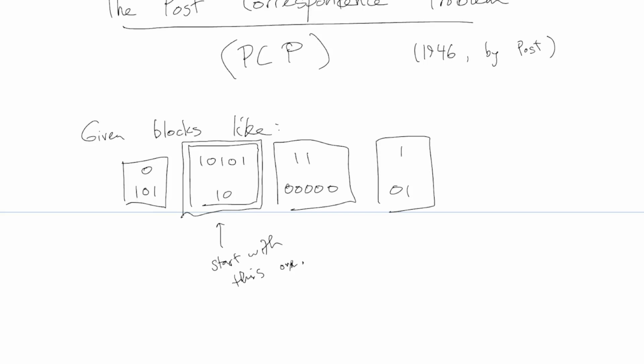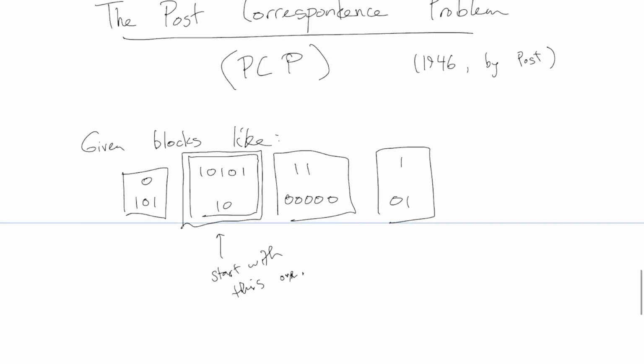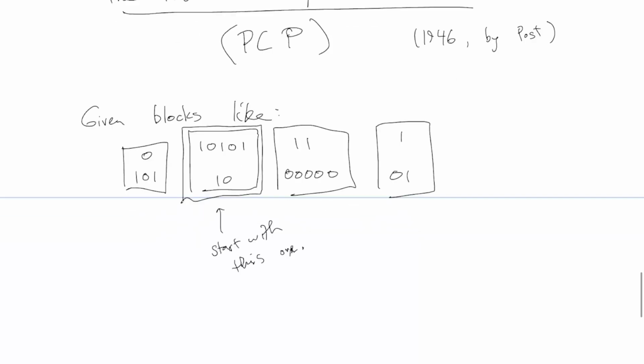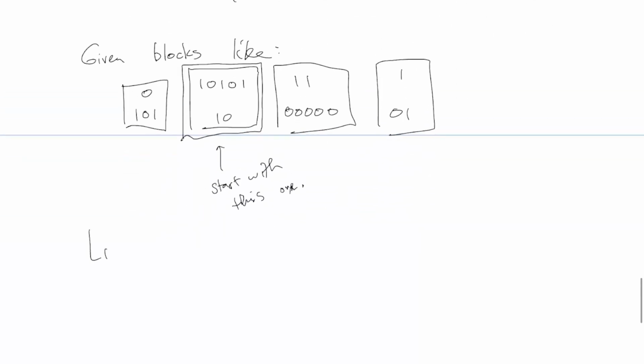In the Post correspondence problem, this is like a little puzzle for you to solve. I give you blocks like this, and your job is to put them in some order. So you line them up in some order. You have to start with the starting block. And repetitions are allowed, so you can use the same block several times if you want to.